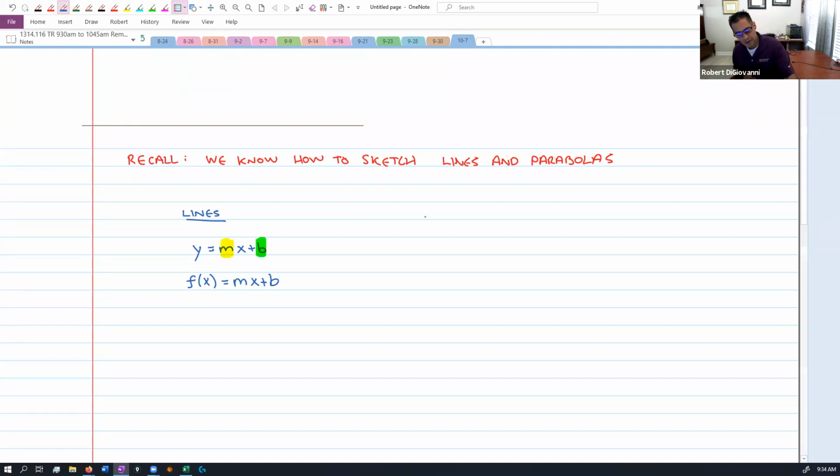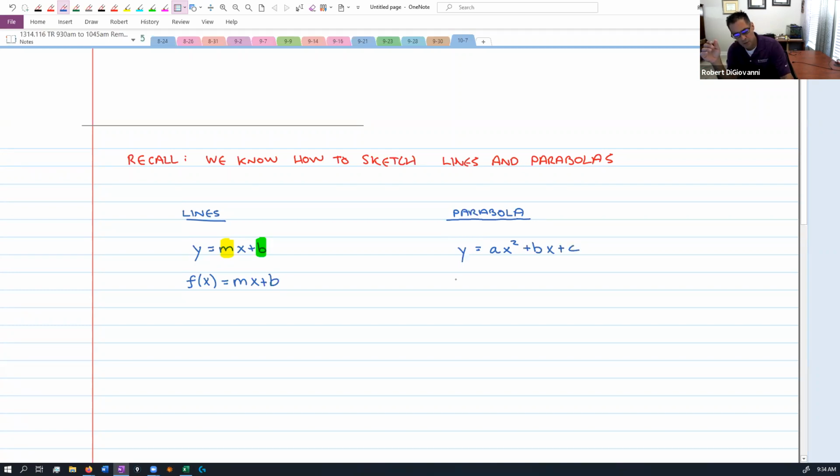The other thing that we know how to graph is parabola. This was a whole set of steps that I gave you, right? We have to figure out if it opens up or down, find the vertex. There was a formula for that, and then do all the steps. So parabolas look like this: y equals ax squared plus bx plus c.